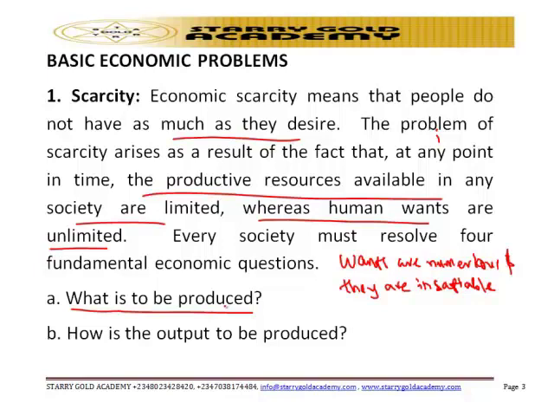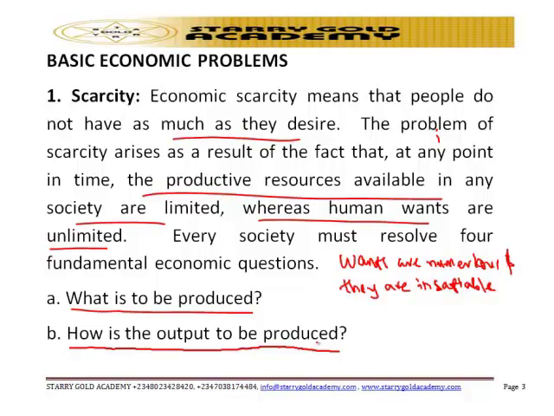The second fundamental economic question is how is the output to be produced? Having ascertained what to be produced, the question is how should we produce this item? Each firm must decide how to utilize the inputs to achieve optimal resource allocation.